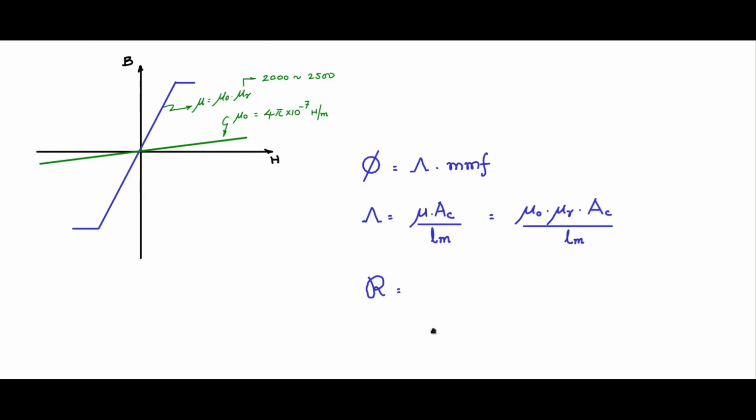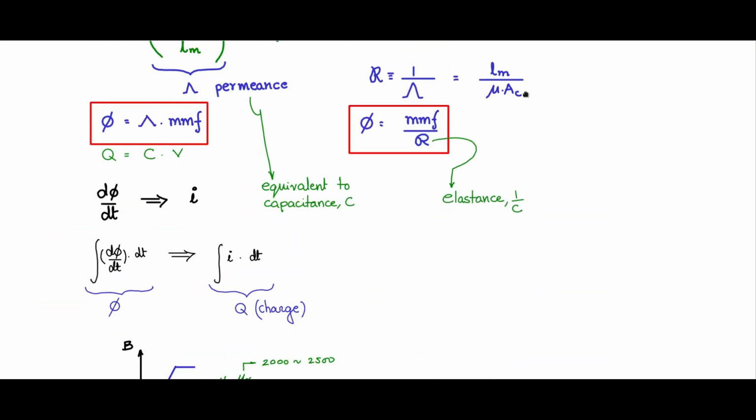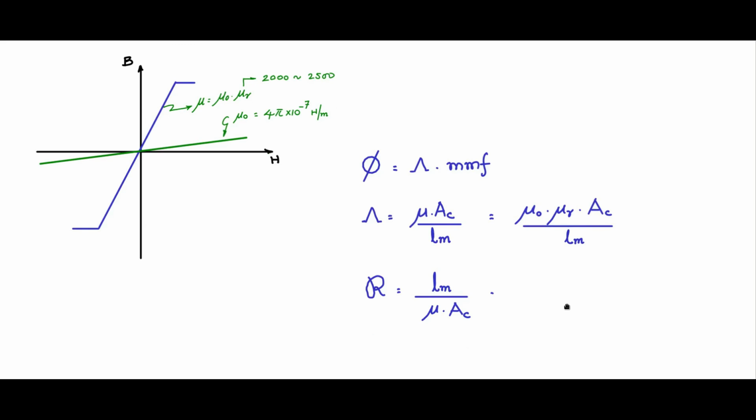Likewise, the reluctance is 1 by permeance, which is Lm by mu AC, as we saw here, and mu can be expanded: Lm by mu naught mu r AC. So this is the relationship between reluctance and the core cross section, permeability and the mean path length, and so also between permeance and the core cross section, permeability and the mean path length.